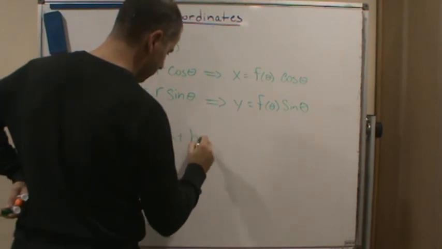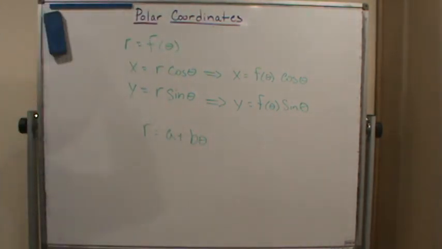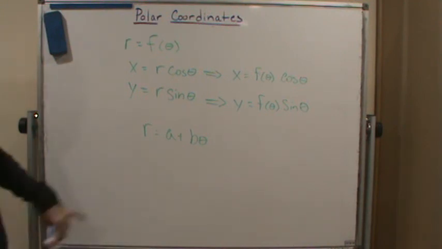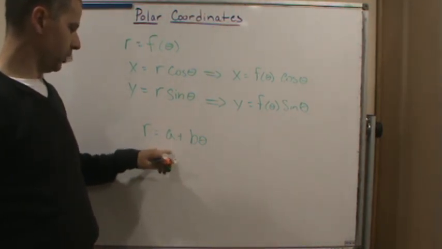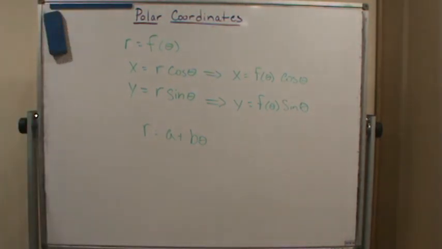So this is just b theta. Okay, so r equals a plus b theta, with two arbitrary constants, a and b. Okay, so this was the circular spiral that we were talking about before. That we're translating, so this moves the center where it emanates from.